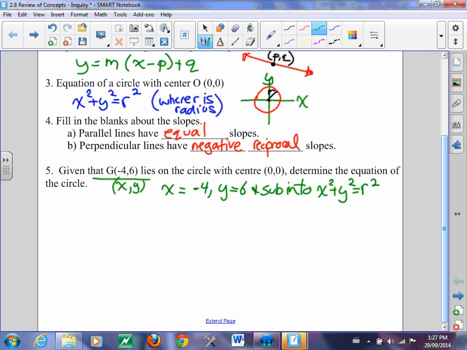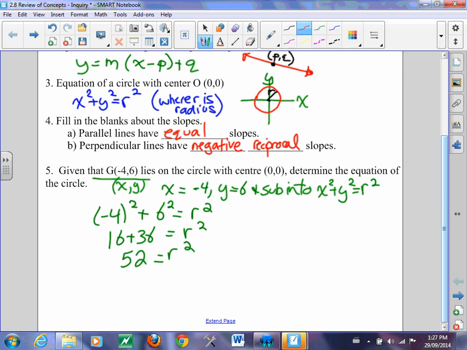And folks, if we know the left side, then we can find the right side. So it's going to be -4 squared plus 6 squared equals r squared. Let's solve the left side. So it's going to be 16 plus 36 equals r squared. And 52 equals r squared. I didn't ask what the radius was, so just leave it as r squared and go, therefore, x squared plus y squared equals 52. Awesome.